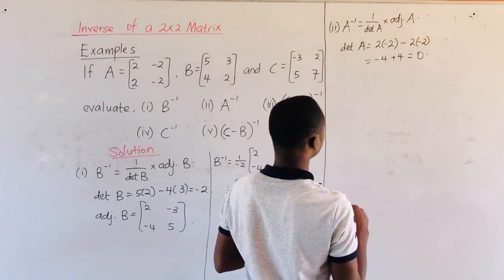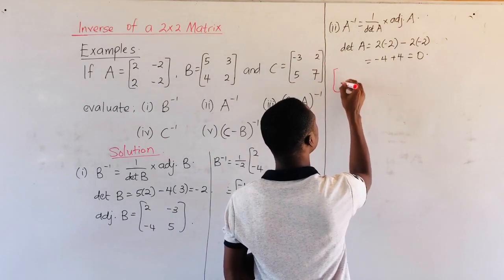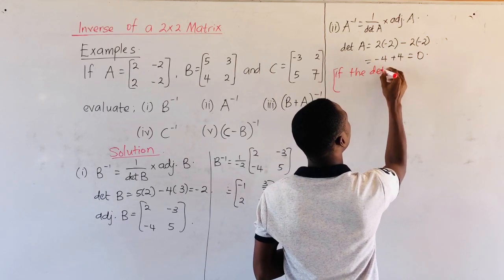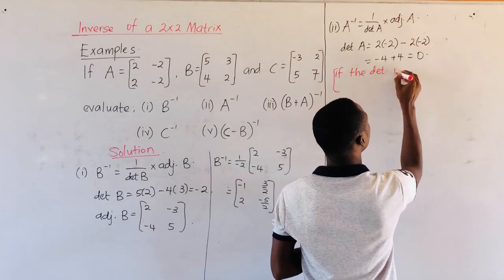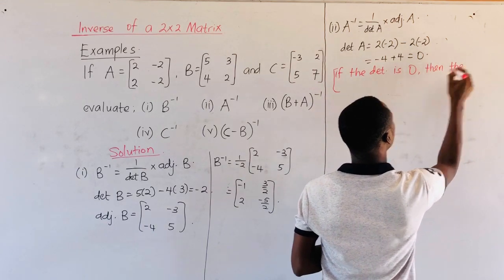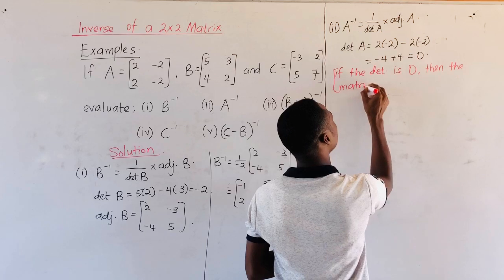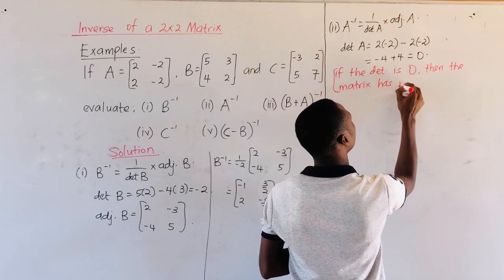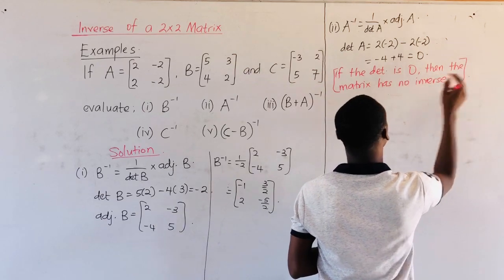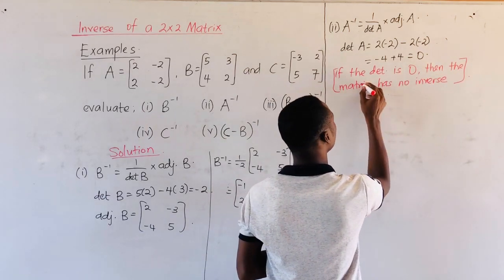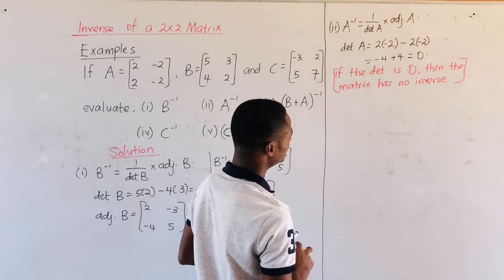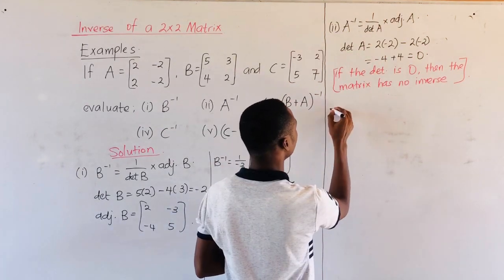Note that if the determinant of a matrix is 0, then the matrix has no inverse. This is because 1 over 0 is undefined.